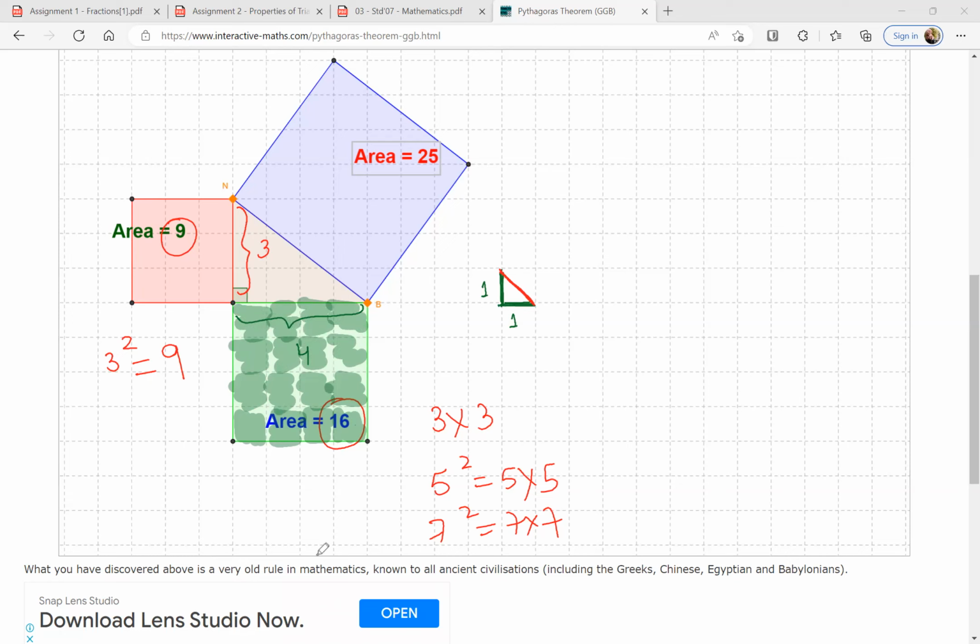So that is why we say the area is 16 square units. Okay, I understood. Good. So can you find the area of the blue square using the same method?